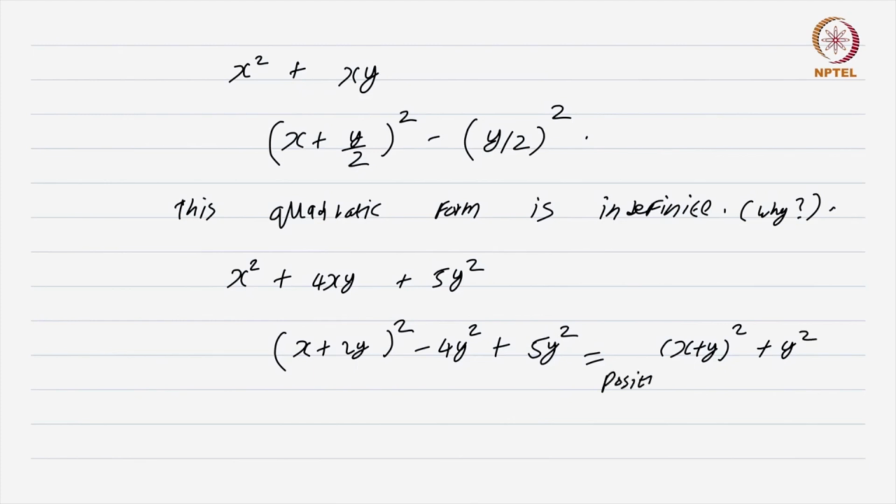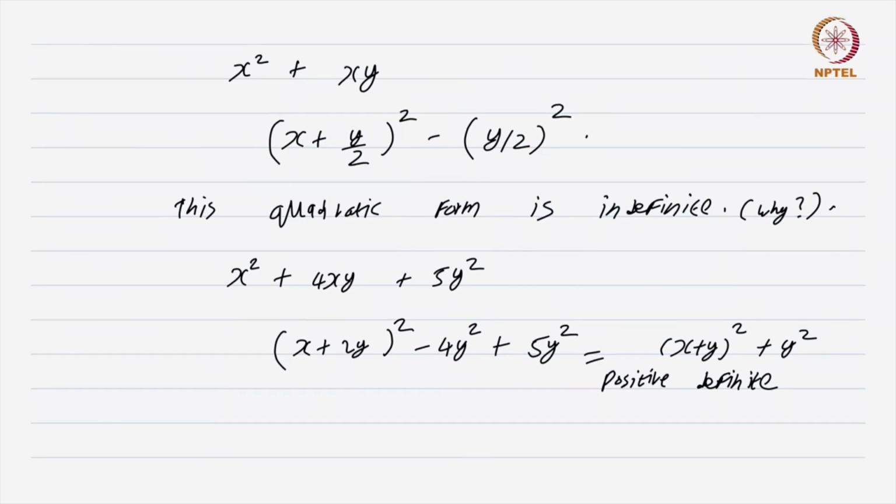That's obvious because it's a sum of two squares, no negative sign is occurring. So irrespective of what x and y are, if they are not 0, this quadratic form is definitely going to be a positive quantity. This concludes the proof and some examples of completing the squares.